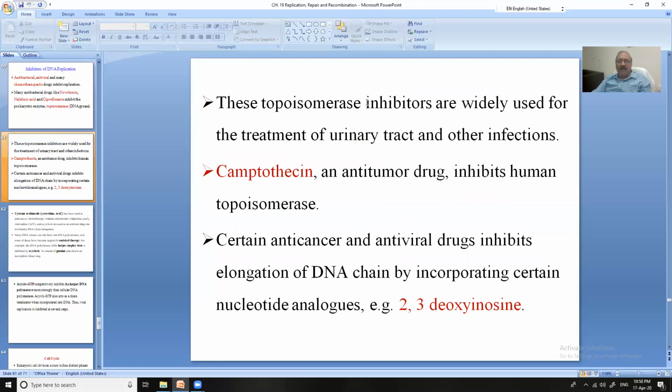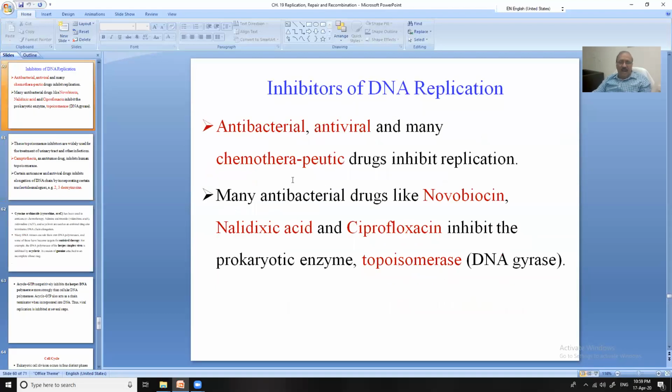These topoisomerase inhibitors are widely used for the treatment of urinary tract and other infections. These drugs are antibiotics: novobiocin, nalidixic acid, ciprofloxacin.